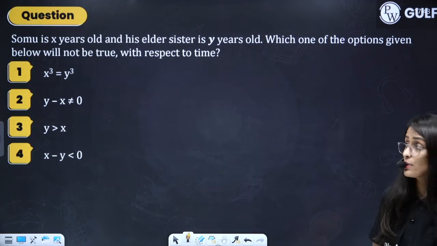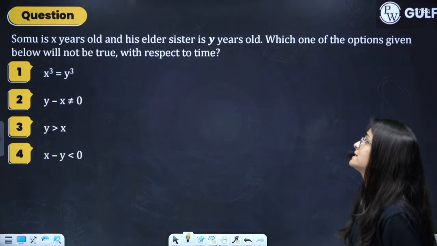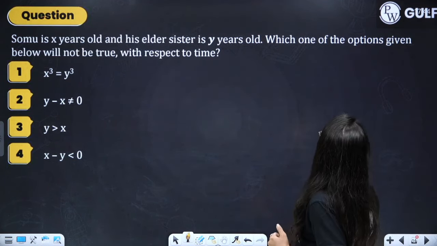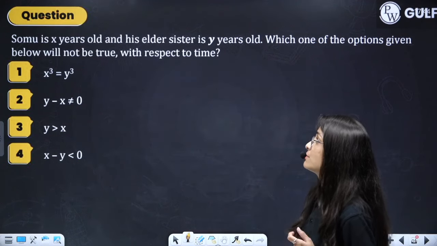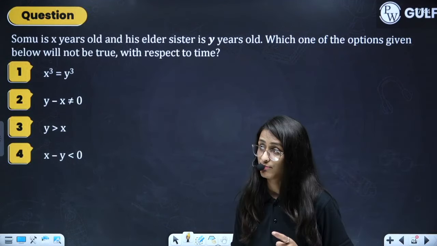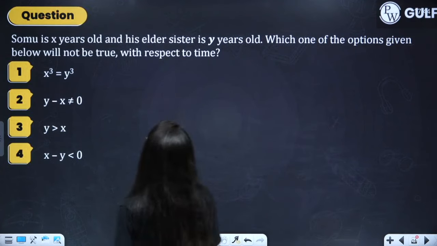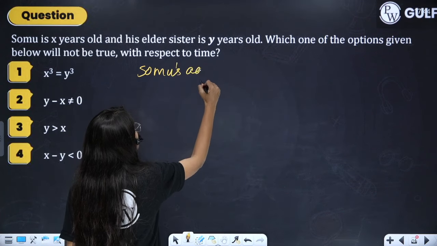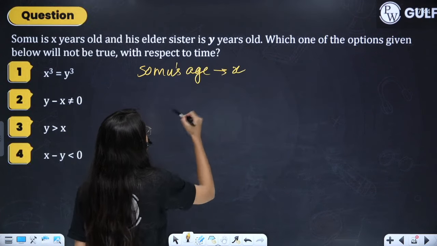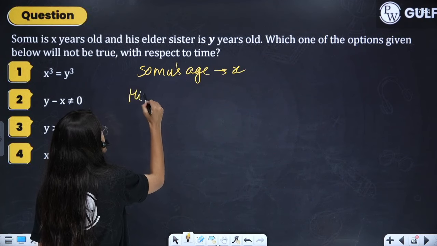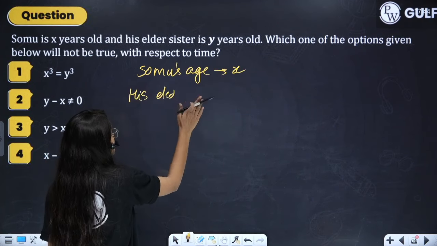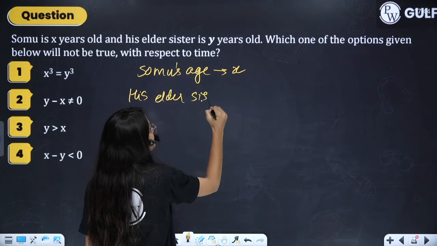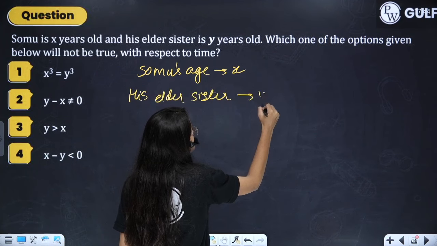Moving to the next question. Somu is X years old and his elder sister is Y years old. Which one of the options given below will not be true with respect to time? Here they are saying that Somu's age is X and his elder sister is Y years.